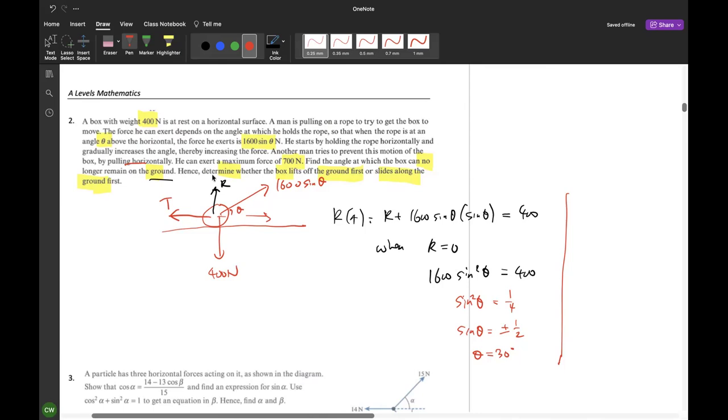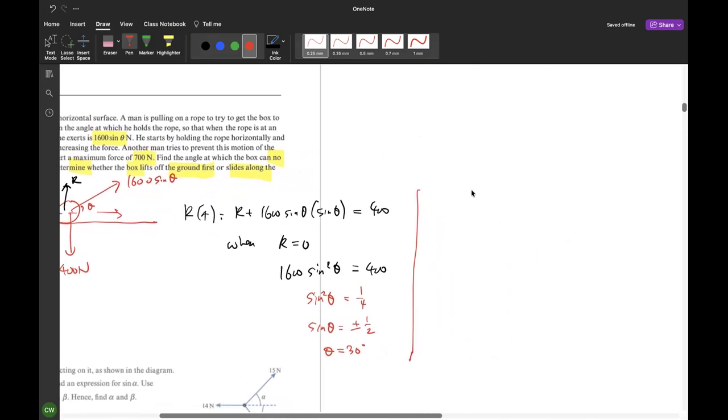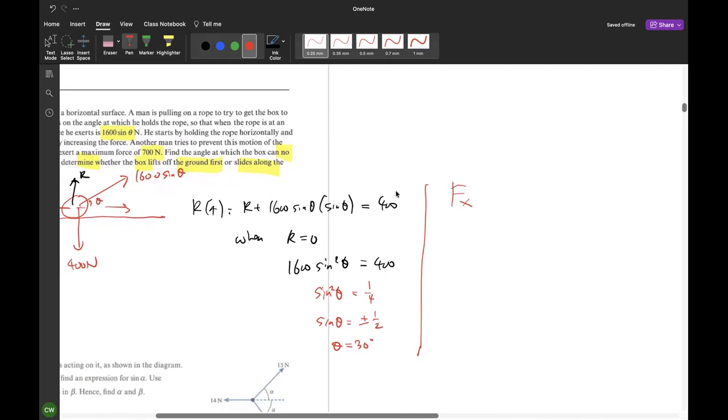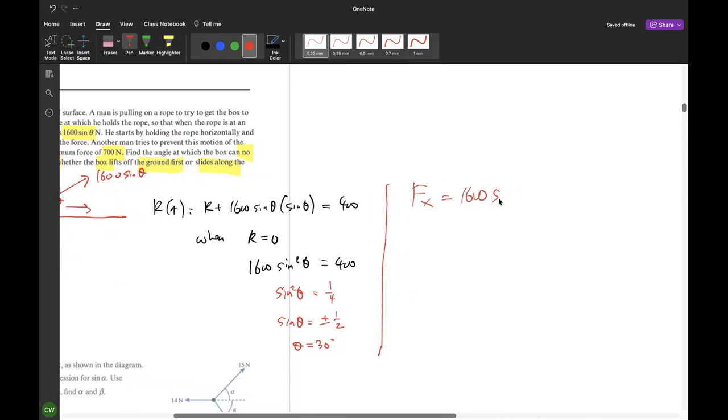When you lift up, the force is that, which means you need to consider the horizontal force of this. That means it's 1600 sin θ times cos θ.